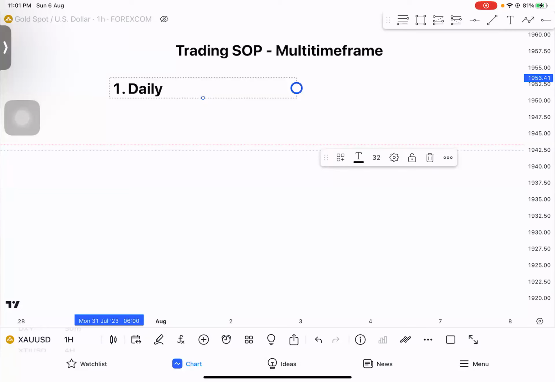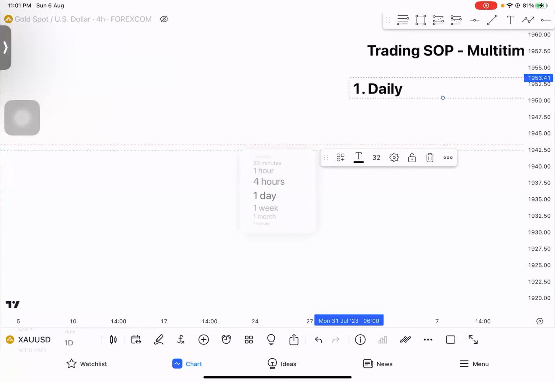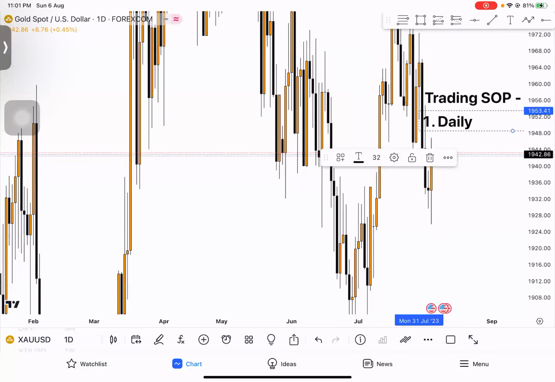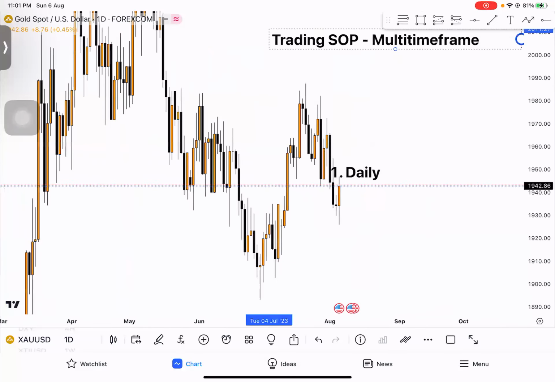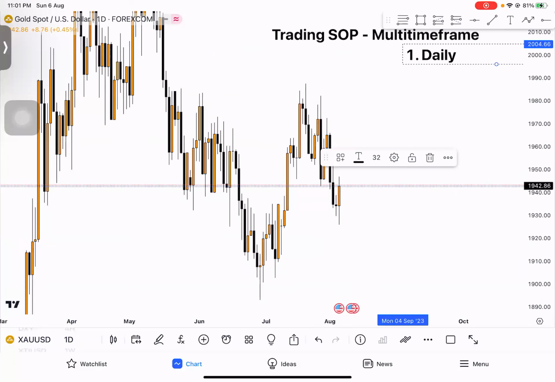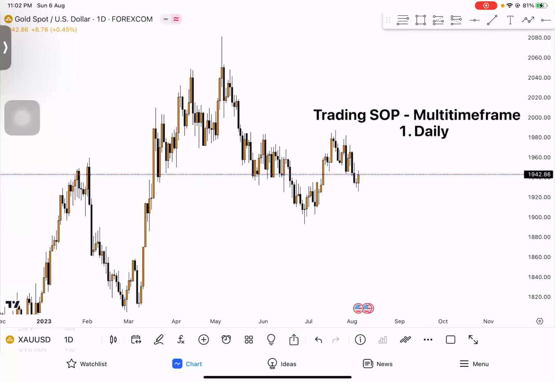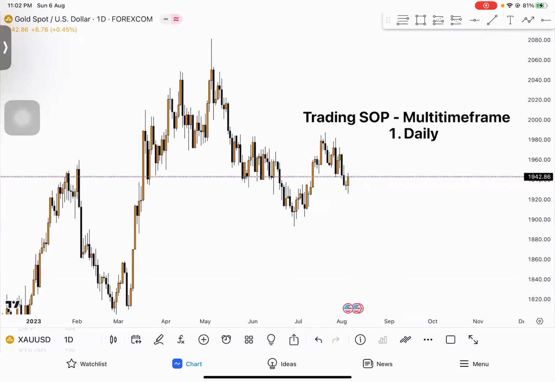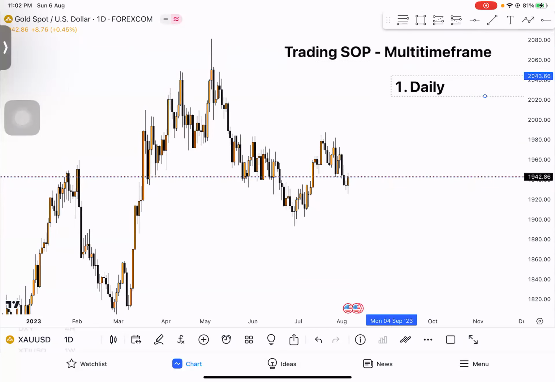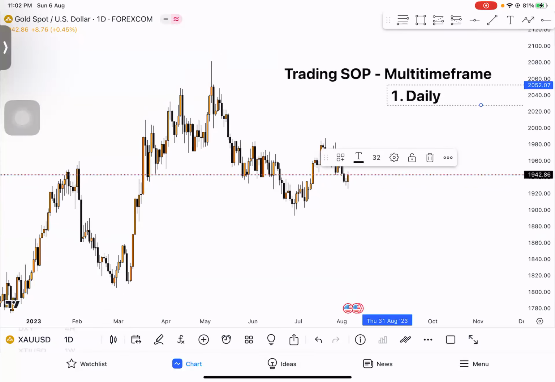I will show you how I mark the daily bias, on gold. First we go to daily. What we can see right now is that the daily is still on the retracement of the previous uptrend, right?